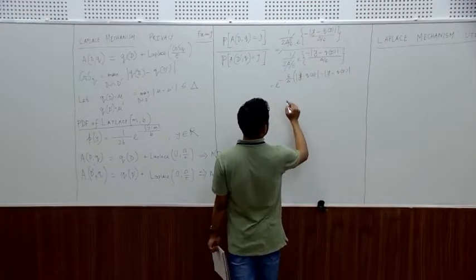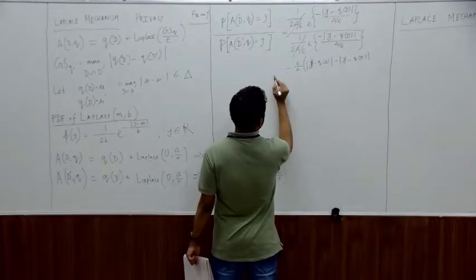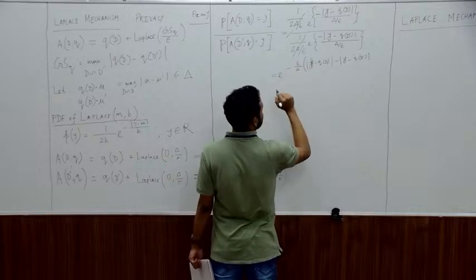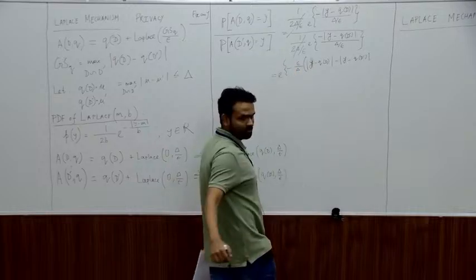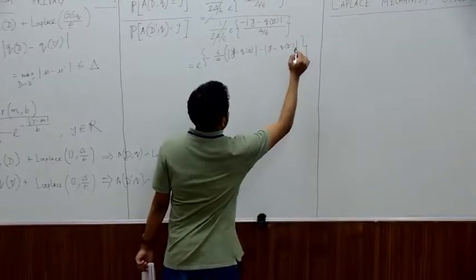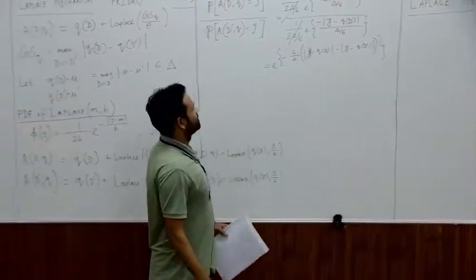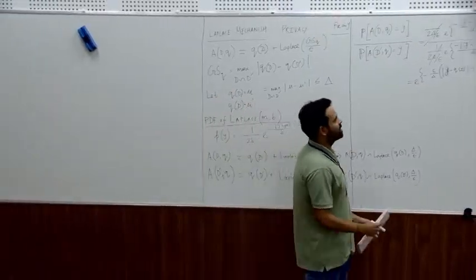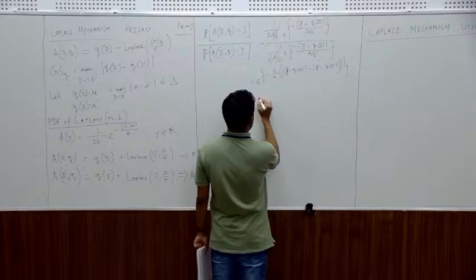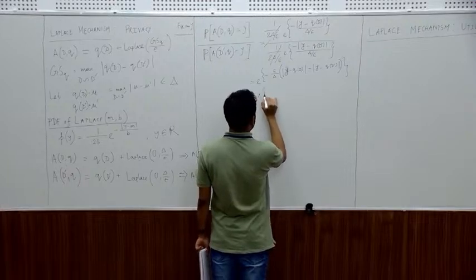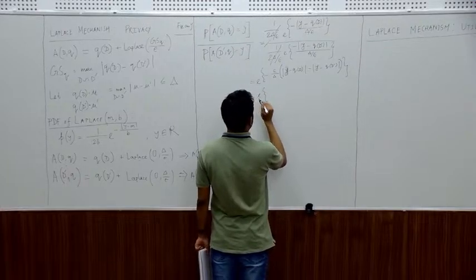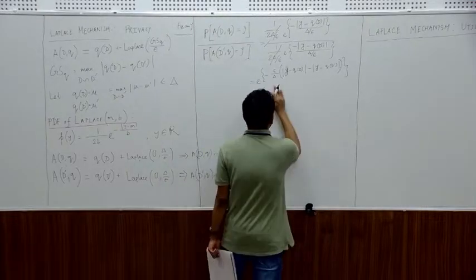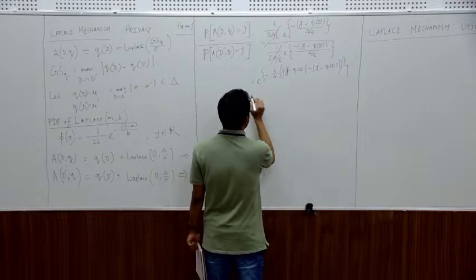I think it's correct. So we'll use the triangle inequality after this. We have defined q(d) as mu and q(d dash) as mu dash. Let's do that. Let's write e to the power epsilon as x, it's better.